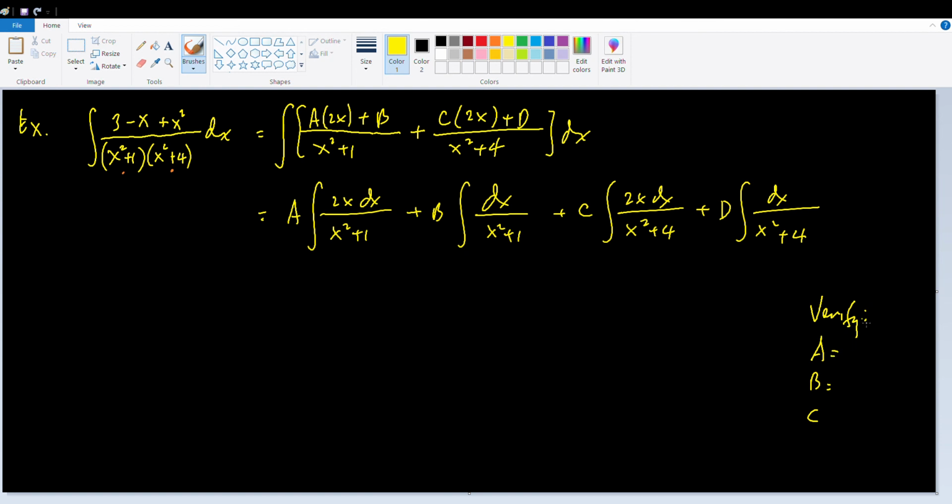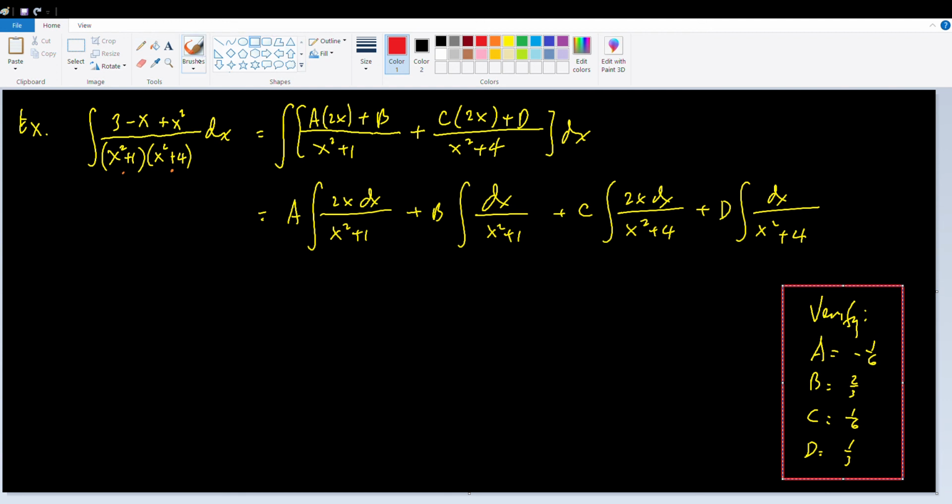Your a should be negative 1 over 6, b should be equal to 2/3, c is 1 over 6, and d is 1 over 3. Okay, so you can verify these values.